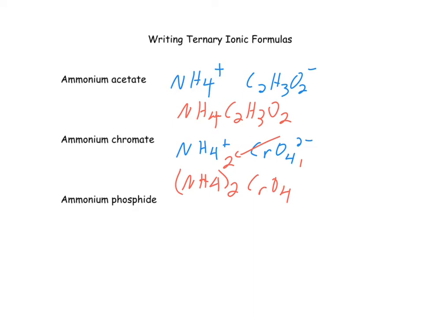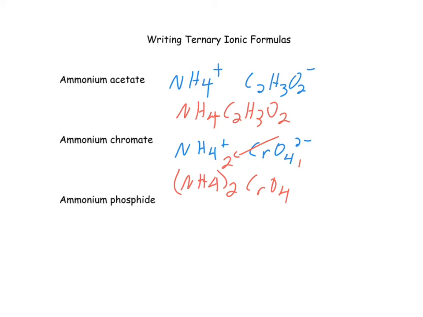Okay, the last one we have is ammonium phosphide. Again, we have ammonium, NH4 plus, and phosphide. Be careful. This is not a polyatomic. This is just the single element ion phosphide, and it's -3.